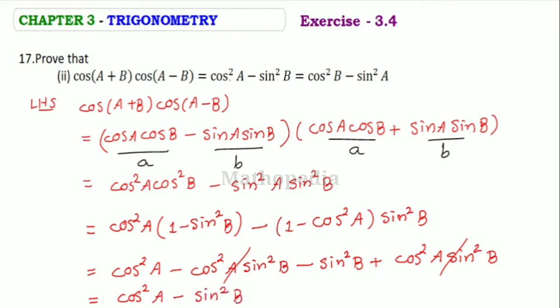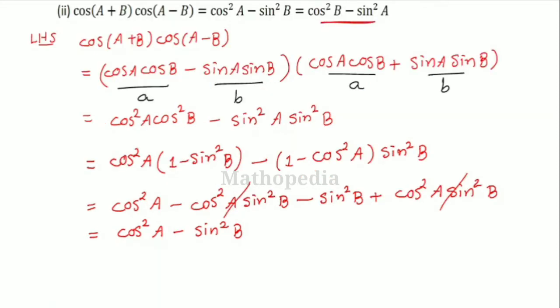This is equal to the first part of the answer. Now to get the second part of the answer, write this cos²A as 1 − sin²A, minus, and sin²B is equal to 1 − cos²B.